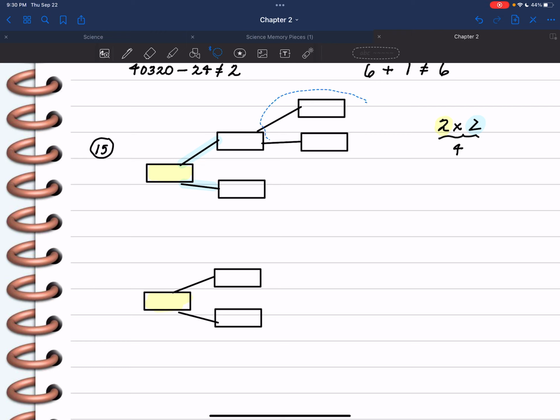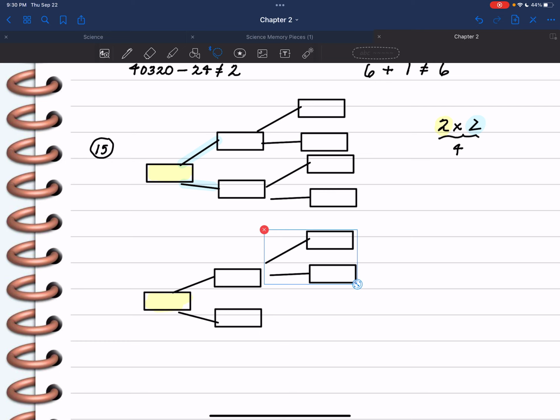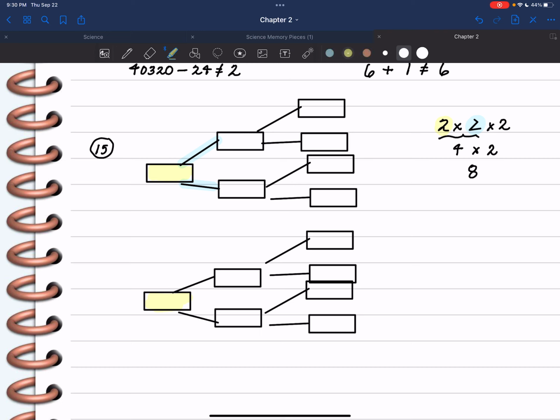So let's copy this one and speed it up just a hair. There's that one. And then here's this one. And you'll see why I wanted to draw it. So each of these has 2 options. So let's go ahead and add on another 2 and multiply it. So we should have a total of 8 options here. And we do. If you count those last limbs, you will have 8 of them.